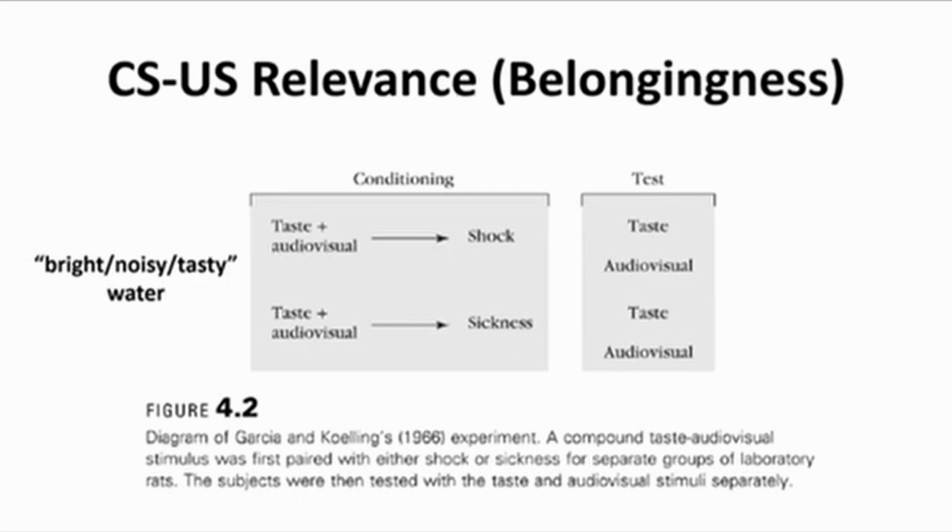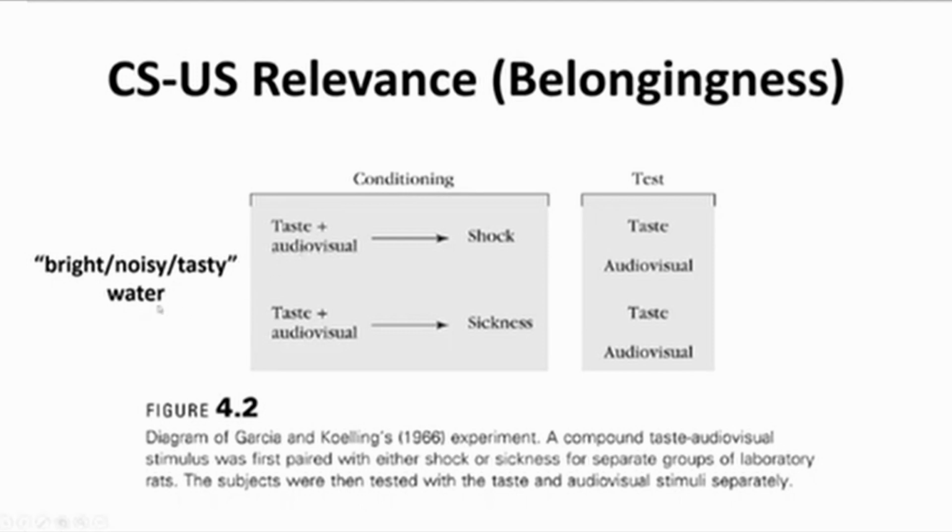In this experiment, our subjects are rats, and we're looking at how their exposure or conditioning with a compound stimulus leads to associations with different kinds of unconditioned stimuli. In this case, our compound stimulus is a taste and an audio-visual stimulus.